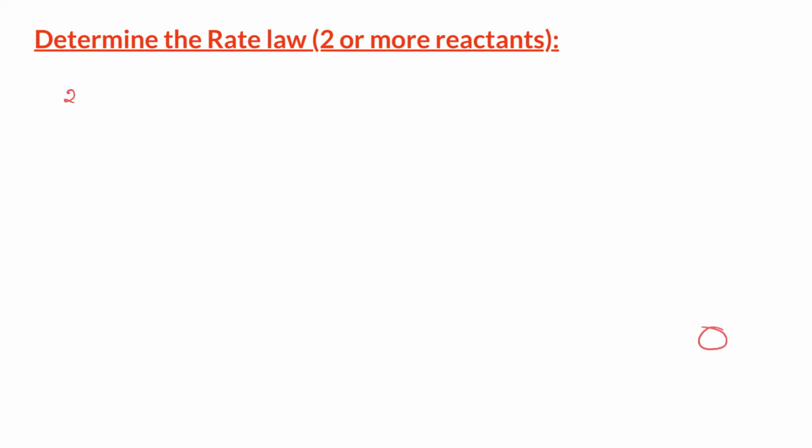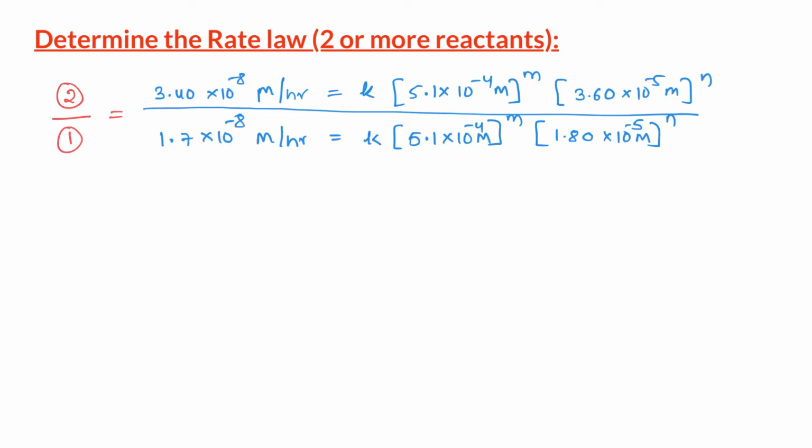Let us now divide equation 2 by equation 1. As we can see, the K and K get cancelled, and the concentration of CO to the power m also gets cancelled. And we are left with only one variable, which is n, and one equation.